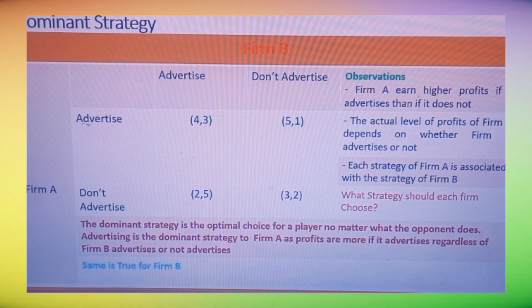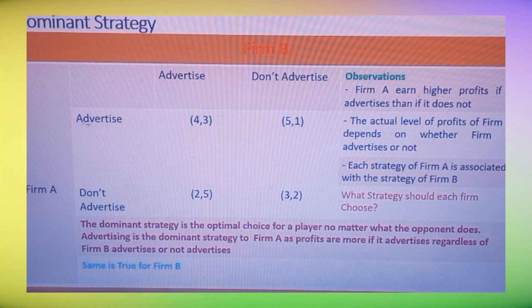Regardless of what the other competitor does, advertising is the best strategy, the optimal strategy, for both the players, both the competitors. Firm A doesn't know what firm B will do and firm B doesn't know what firm A will do, because this is a non-cooperative game.